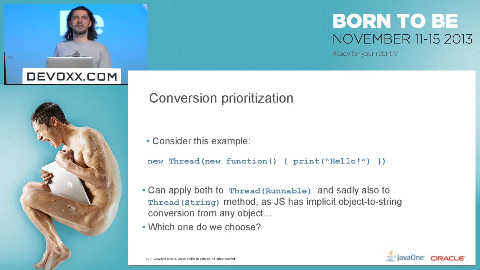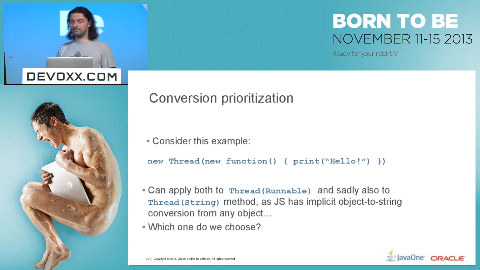At that point, we didn't really program Nashorn to be smart about it. This was about a year ago, I think. So it did surprise us with, well, I don't know: are you trying to pass me a runnable, or should I take this function, which in JavaScript is an object, and every object is implicitly convertible to string, and would you like me to take its string value and use it as the name of the new thread?